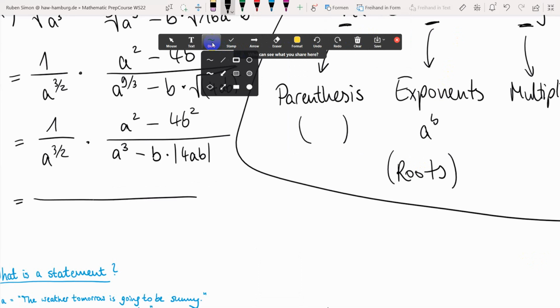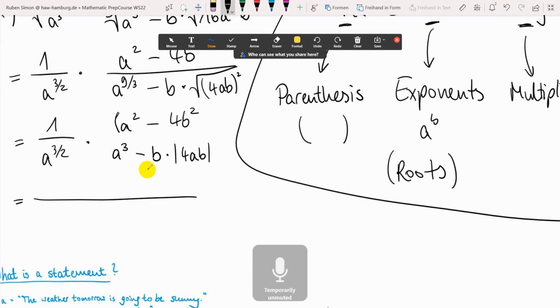So up here we have just 1 times this term. Would you want to multiply these terms here? Yeah, actually, I was wondering if we could.